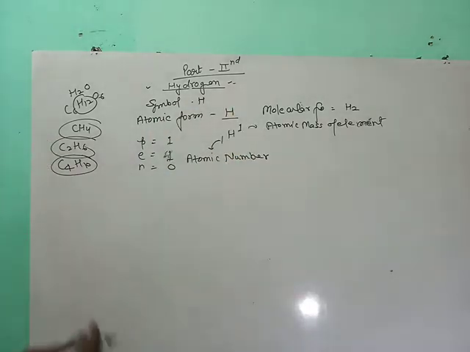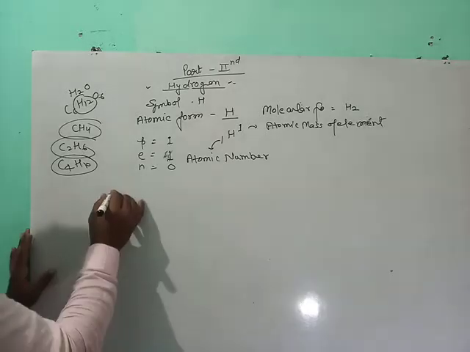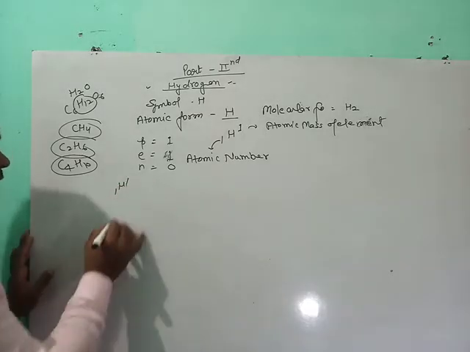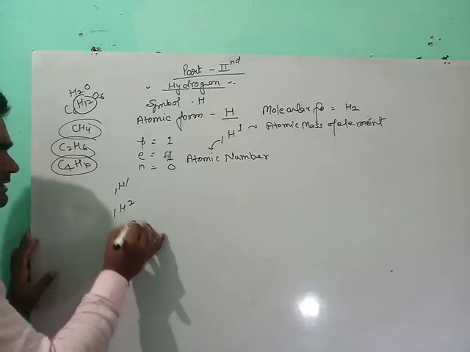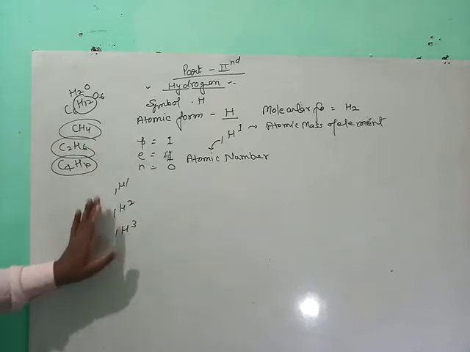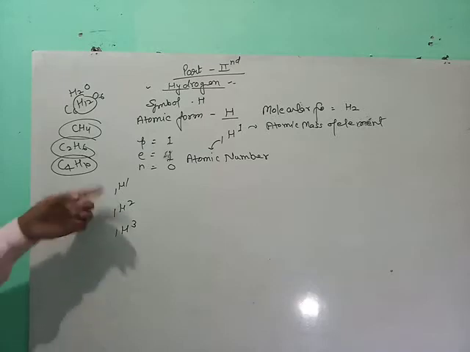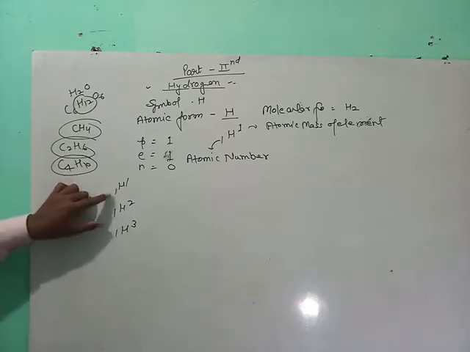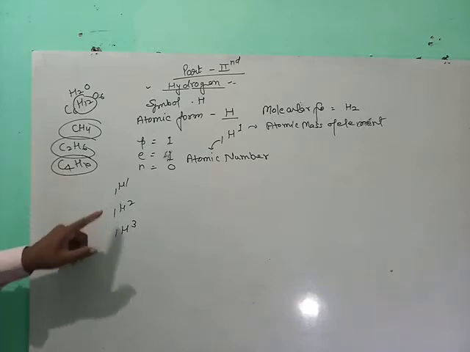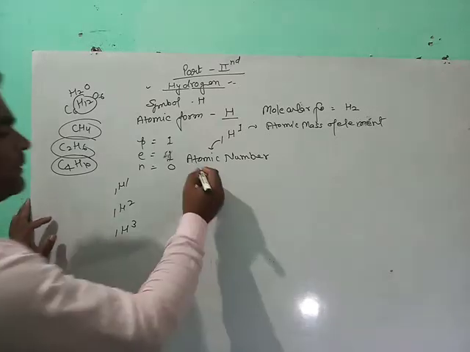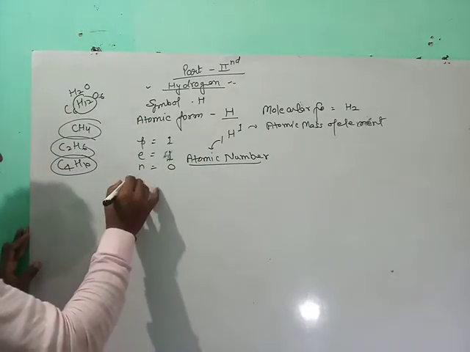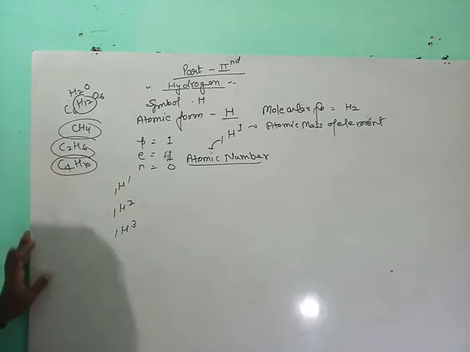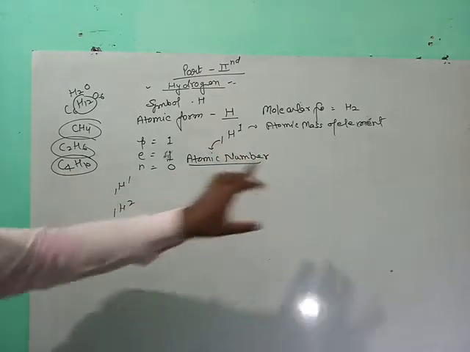And hydrogen has three isotopes: 1H1, 1H2, and 1H3. Here we know that these are all 1, 1, and 1. This is the atomic number. And here these numbers, 1, 2, and 3, represent the atomic mass.